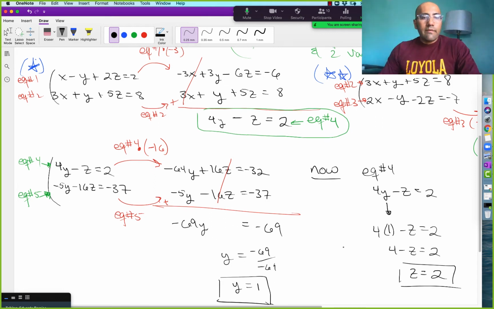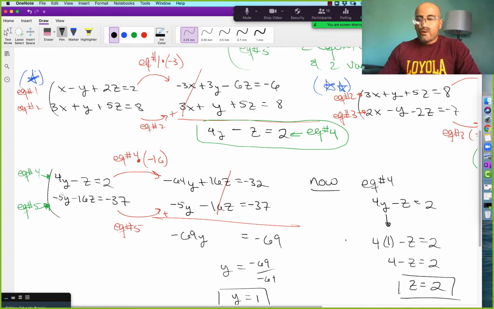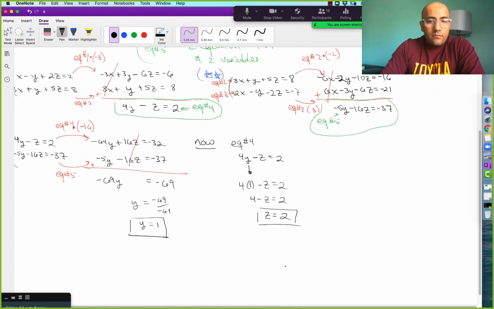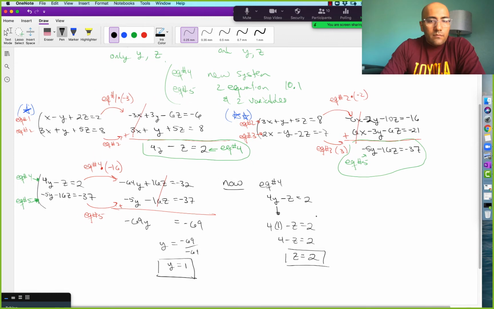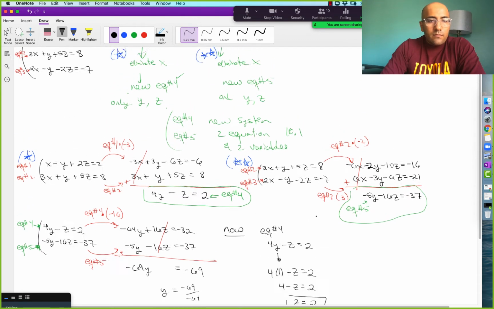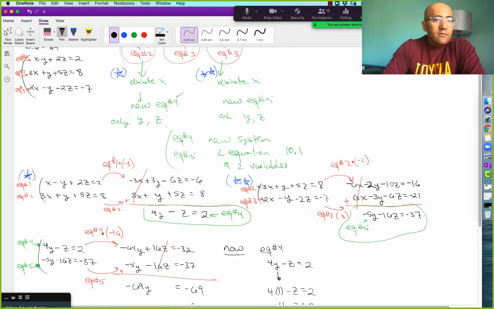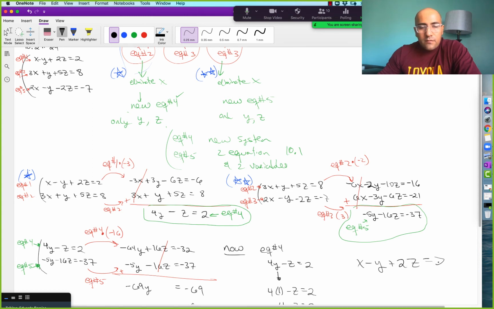Now we can come back to any of our original equations. And we have 2 of the variables. We can solve for the x now. Let's go back to this guy. So let's say we take equation number 1: x minus y plus 2z equals 2, right, from equation number 1.